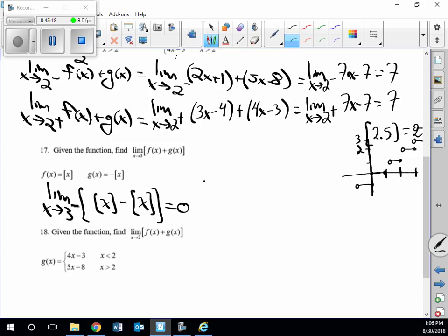And then coming from the right, this is going to be 3.1, which is 3. So 3 minus 3 is 0. So you could just view it as these are going to return the same value at every single point, so they're always going to cancel each other. Even though the limit doesn't exist on either one of these functions, their difference is always going to be 0. So the limit is 0 for that one at 3.